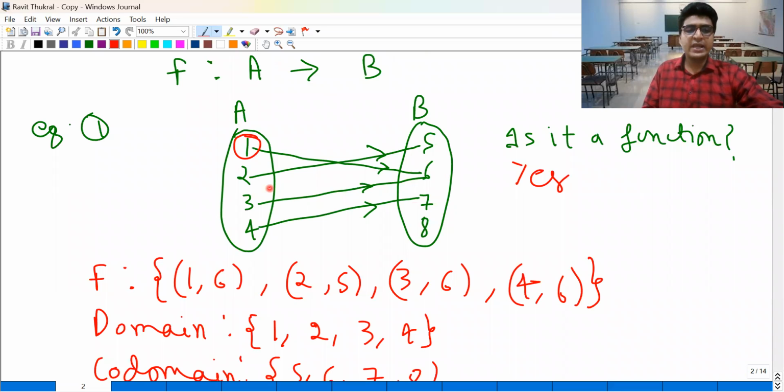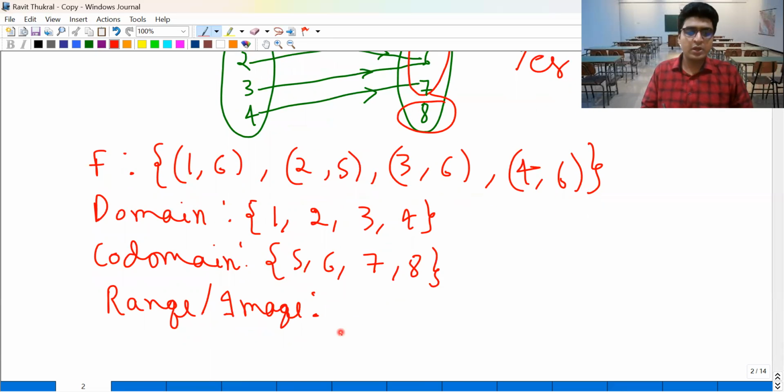So all these elements could be connected to any of the elements in set B. Okay, but only 5, 6, and 7 are the only ones to which these elements are mapped. 8 is left. So that makes 8 and all other elements part of codomain, but 5, 6, 7 are the actual output, so they are part of range. All right, so range or image contains 5, 6, and 7.